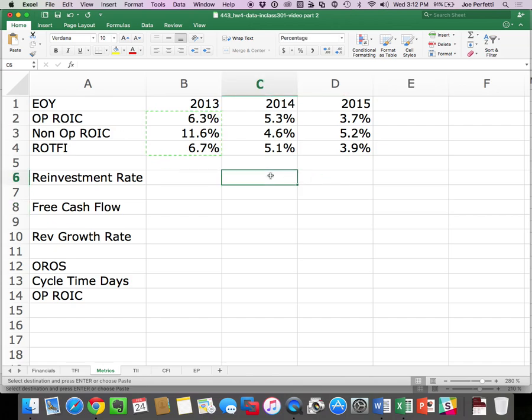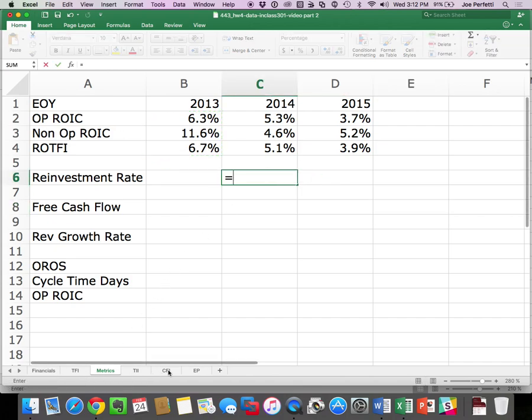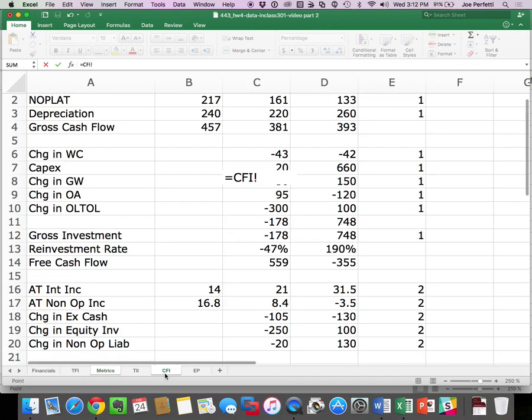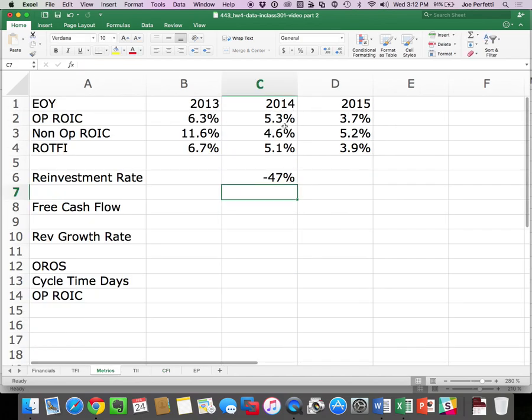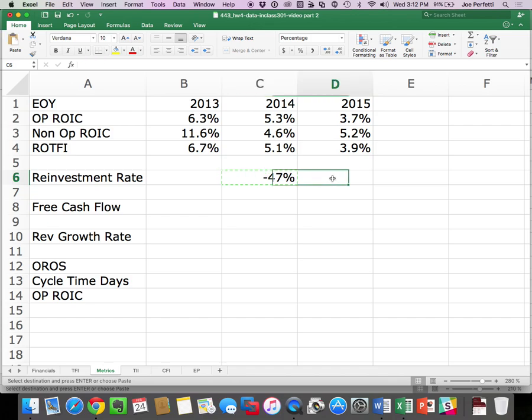Reinvestment rate, previous screen. Gross investment equals, go back to cash flow available to investors, gross investment divided by gross cash flow. What percentage of the profits are reinvested? Free cash flow, dollars of free cash flow.